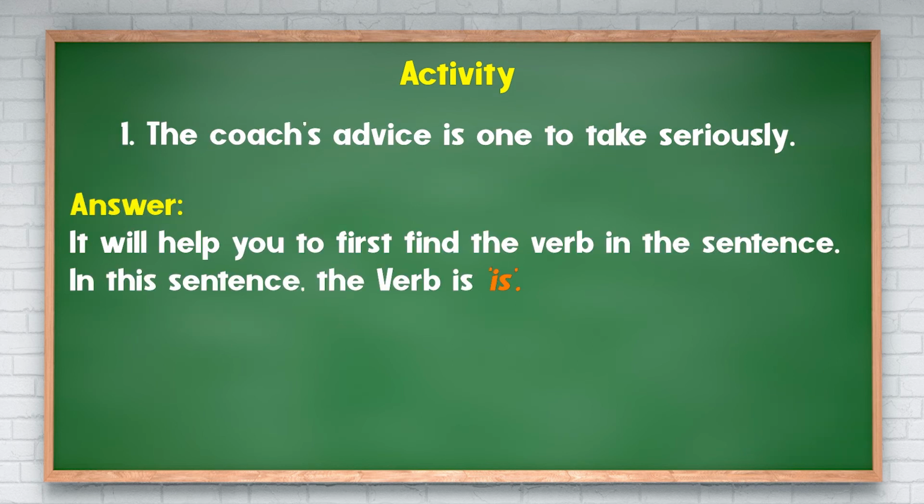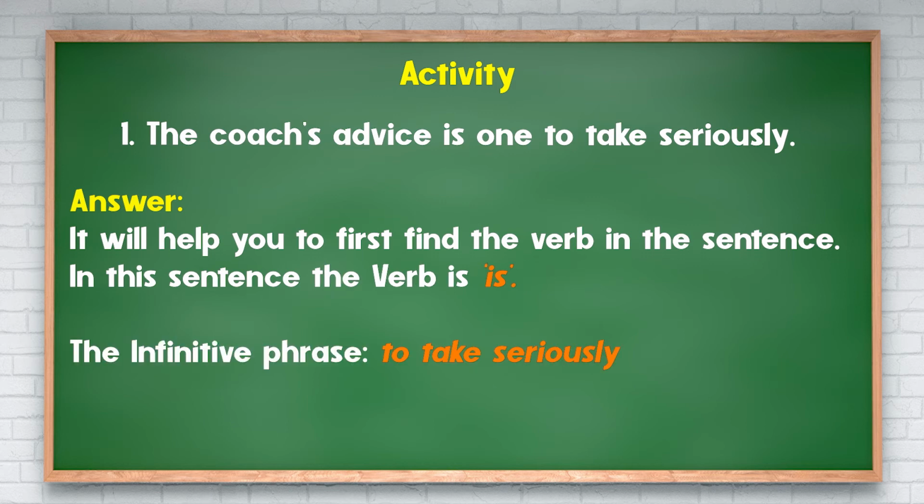The answer? It will help you to first identify the verb in this sentence, like I said before. Have you identified the verb? Yes, the verb in this sentence is. Next, have you identified the infinitive phrase?